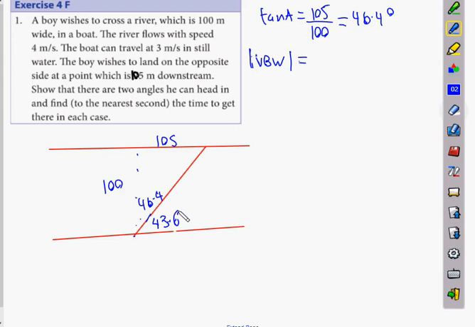Now, what we have here, guys, is the velocity of VBW is 3. Velocity of the water is 4 going directly across. And we have to figure out that VBW is VB minus VW. Therefore, VB equals VBW plus VW.